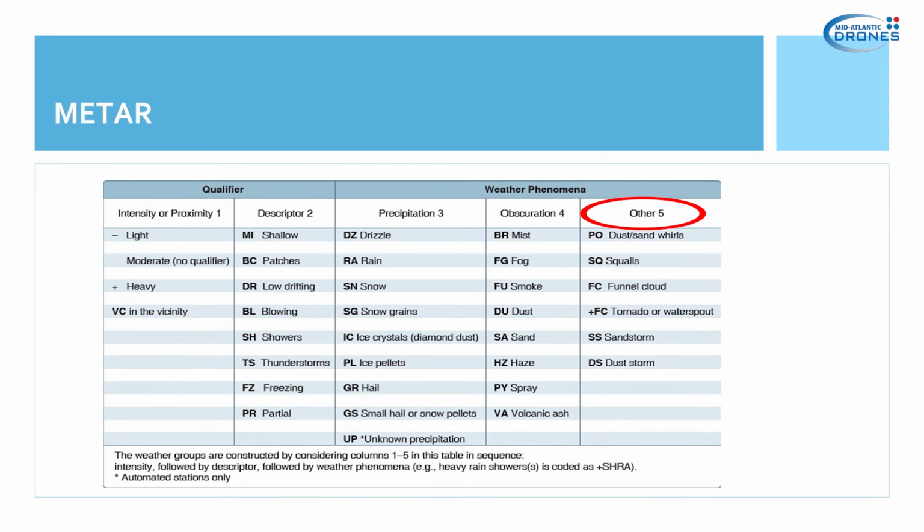PO for dust and sand whirls, SQ for squalls, FC for funnel cloud, plus FC for tornado or waterspout, SS for sandstorm, and finally DS for dust. So this is a chart that I downloaded from the FAA, and you can do the same and just memorize those.